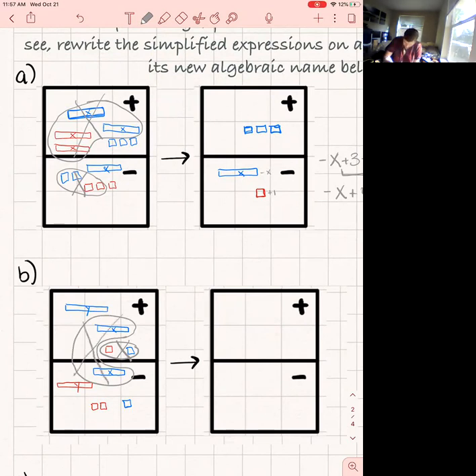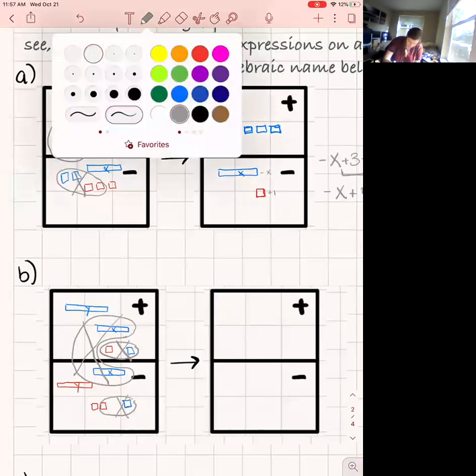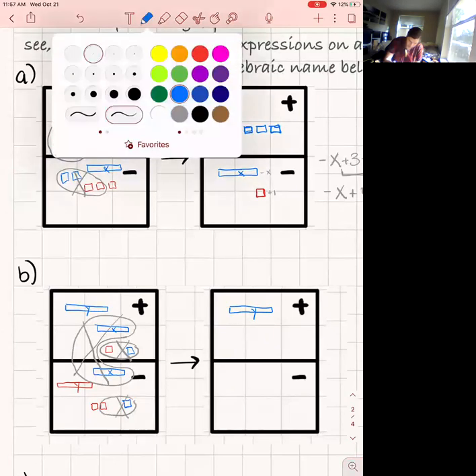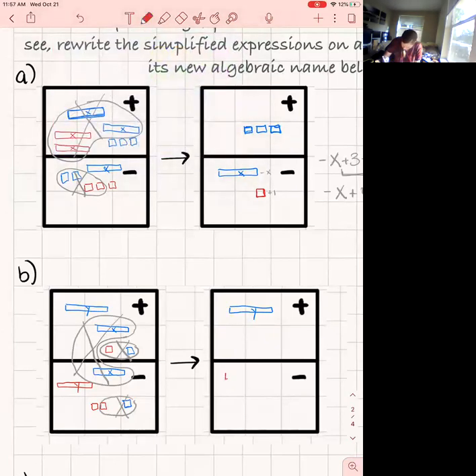Those are gone. And I've got another pair of unit tiles down there that can go. So let's redraw what we have left. I've got just this Y tile up here, and then I've got a Y tile down here, and a unit tile left. So not a whole lot left. We got rid of most everything.